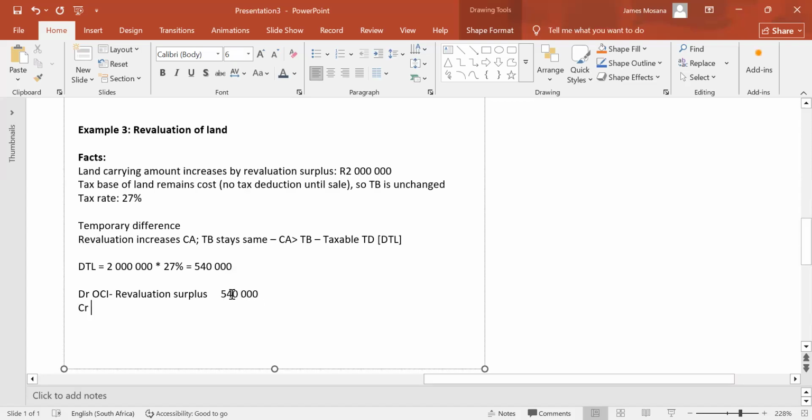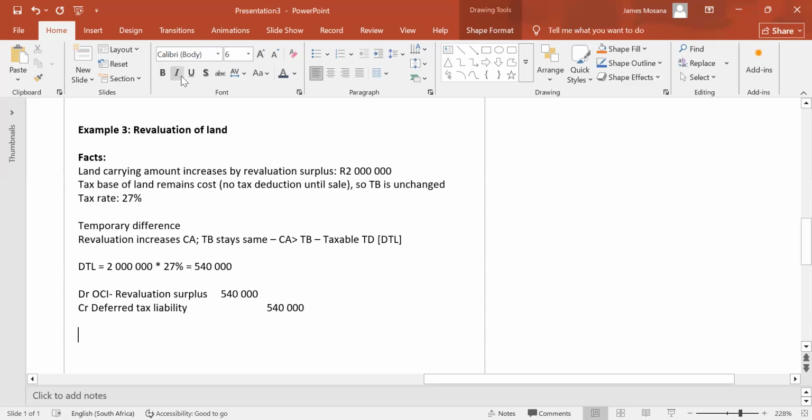What we are then going to credit is the deferred tax liability, because a liability increases on the credit side. That's why we have it as a credit.